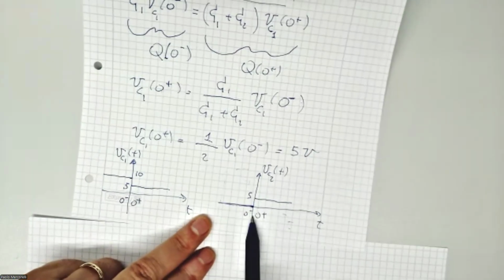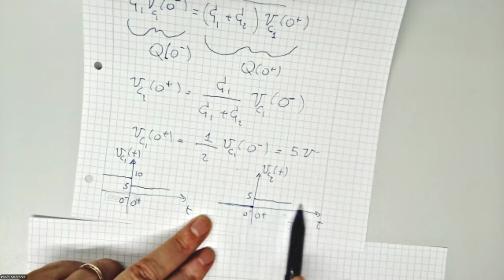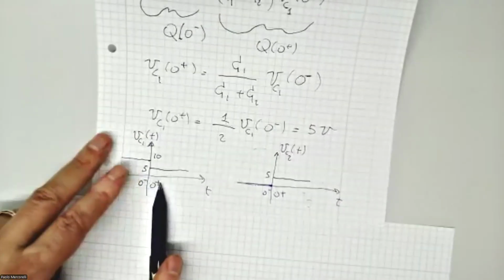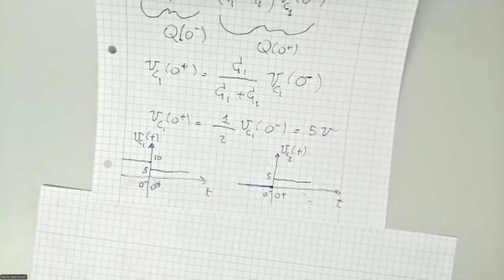This means at time equals 0, we jump from 0 to 5. 0 is again between 0 minus and 0 plus. And then we will remain in accordance with our scheme. Here is the situation. Excuse me, I don't have a red color to write.